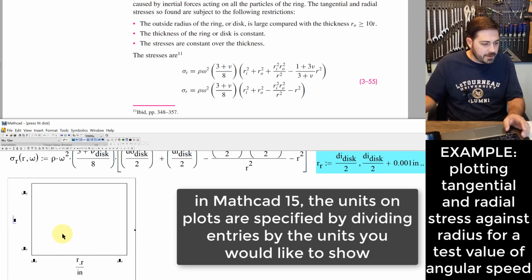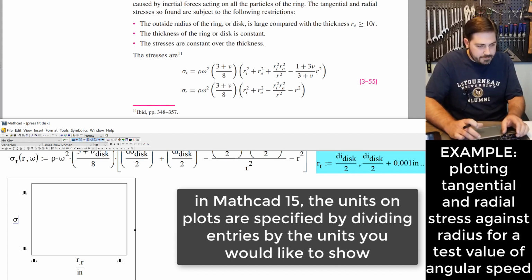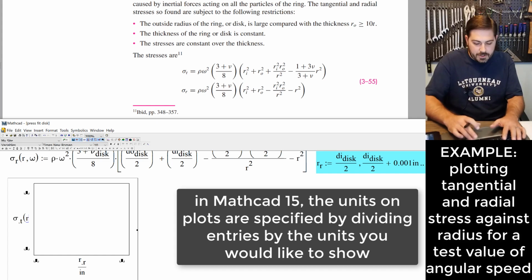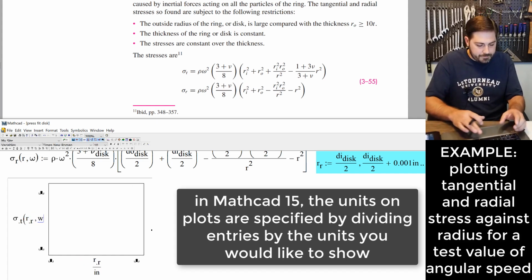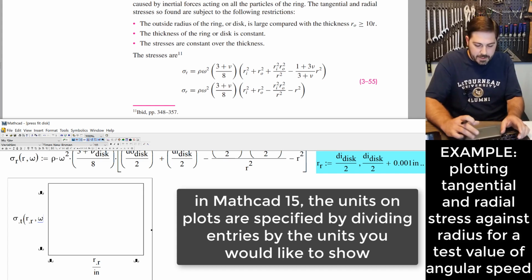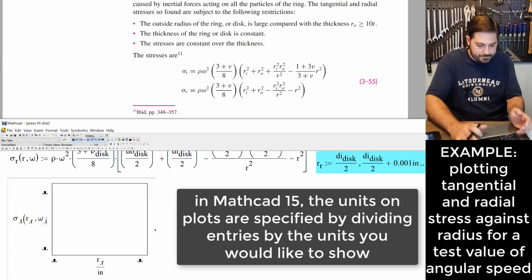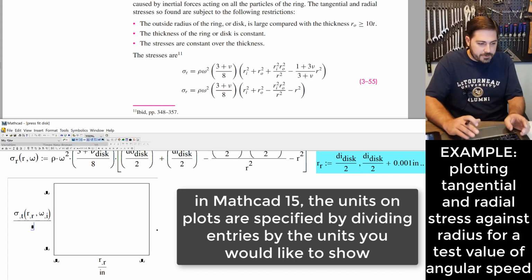And over here, I'm going to plot sigma sub t against that range variable r sub r at my test speed, angular speed of omega I. Oh, like that. And I don't want that to come out in just its default units. I want to specify that I want it to come out in KSI.